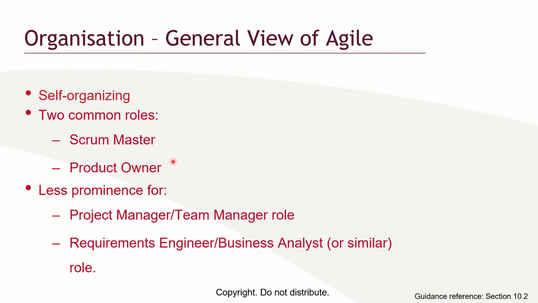All right. So in Agile, if it's an Agile project, those are the two common roles. Those ones that we used to know before, like project manager, business analyst, requirement engineer, team manager, they are less prominent. They may exist, they may not exist.